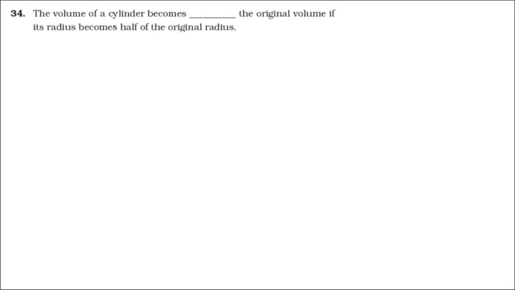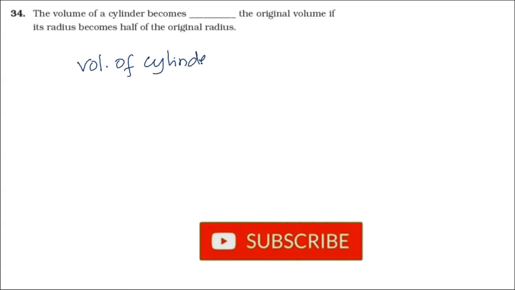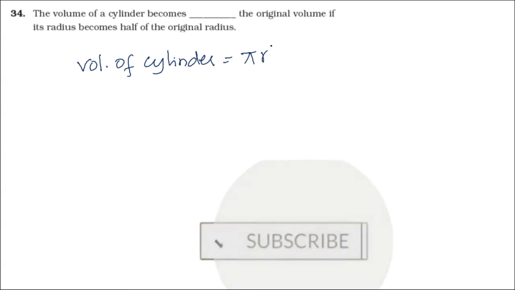34th, the volume of a cylinder becomes dash the original volume if the radius becomes half the original radius. Suppose if r is the radius and h is the height, the volume of cylinder will be pi r square h. This is a formula known to us.